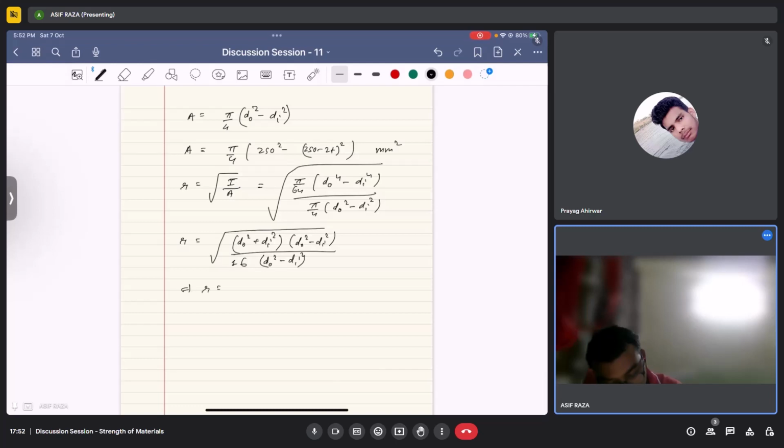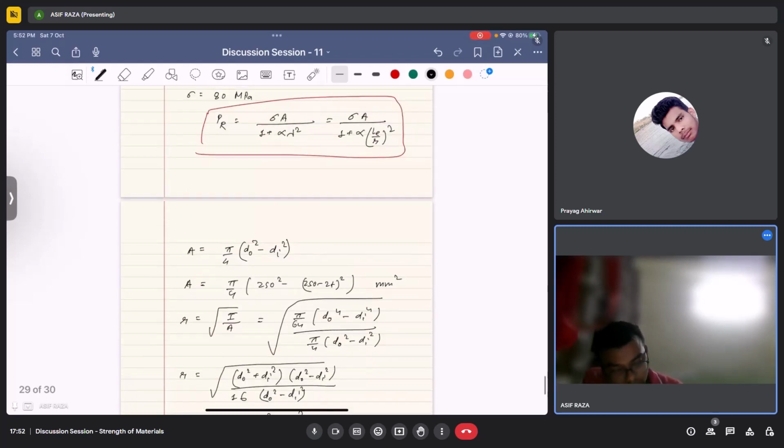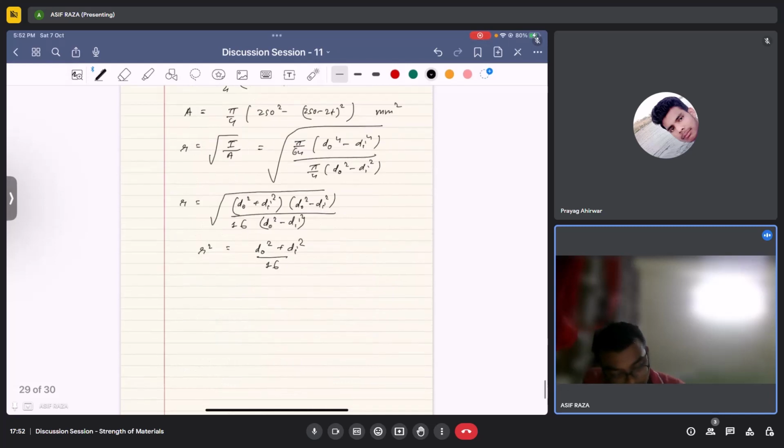Thus r square can be written as t naught square plus di square by 16. Further, 250 square plus 250 minus 2t square by 16. Let us leave it here.